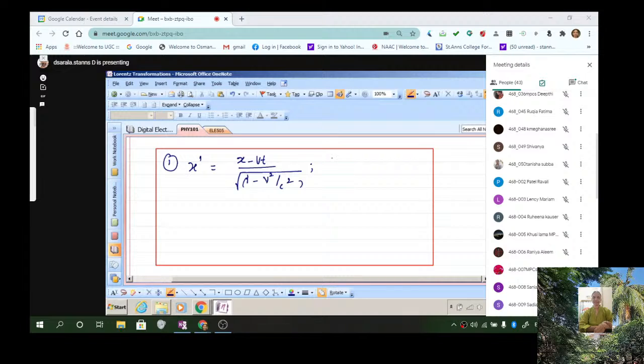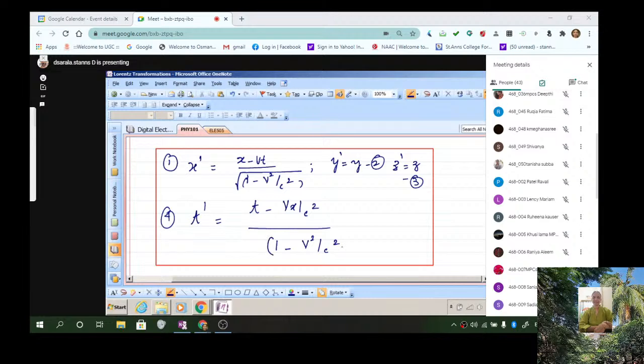Then y dash is equal to y. Number 2. z dash is equal to z. Number 3. Number 4. t dash is equal to t minus vx by c square under root 1 minus v square by c square.